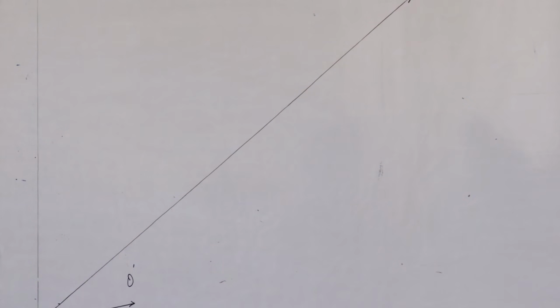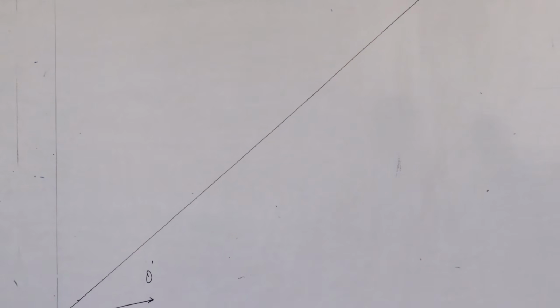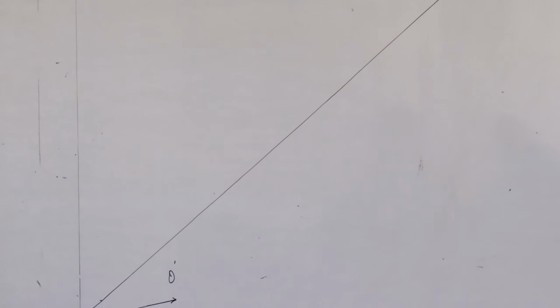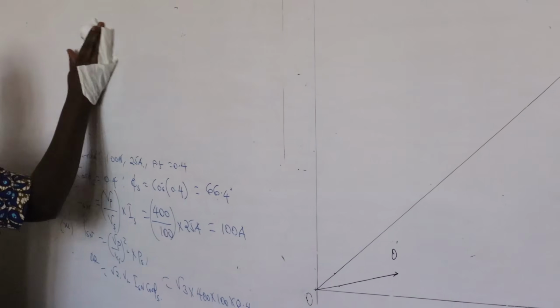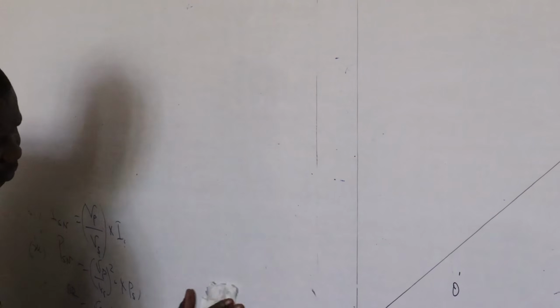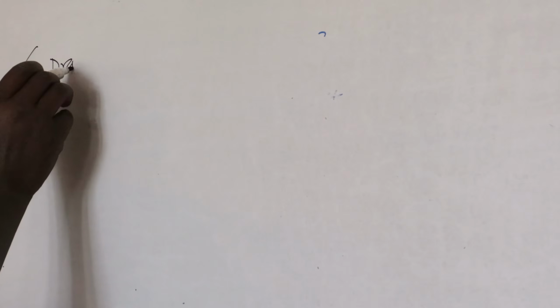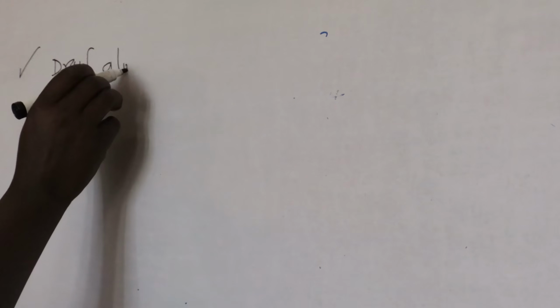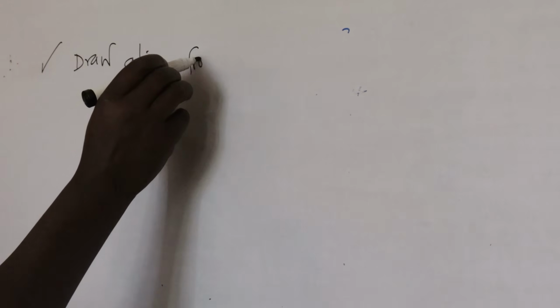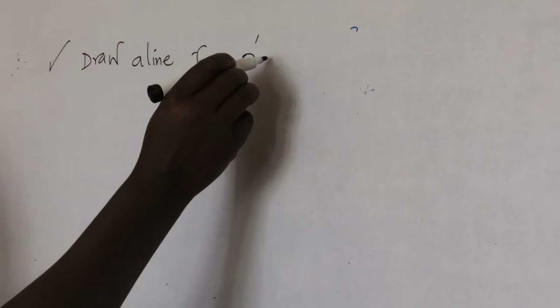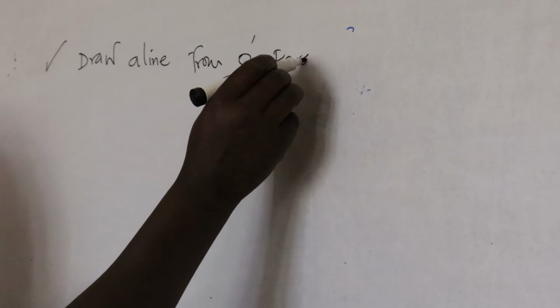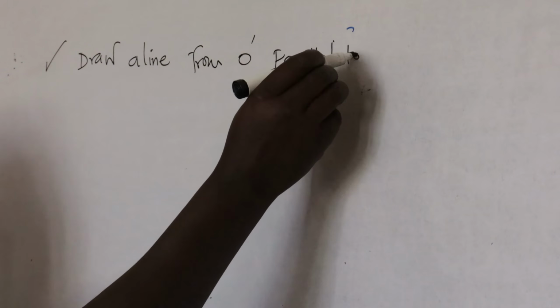Then I need to bring some data. I hope you copy these. I want to write small notes on the procedure. Capture them. Procedure 1: draw a line from O prime parallel to the base.